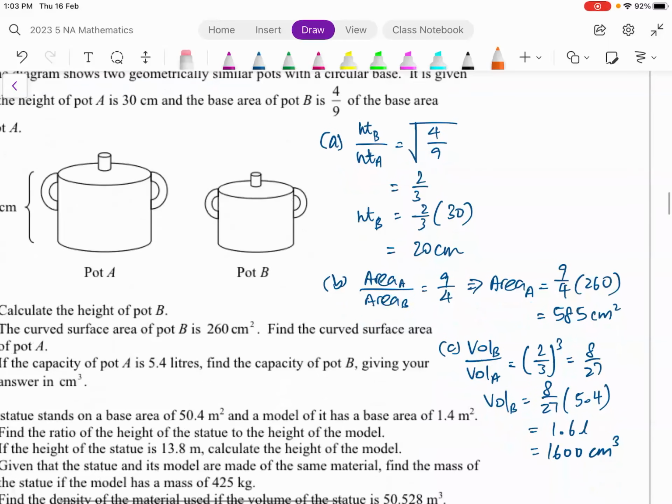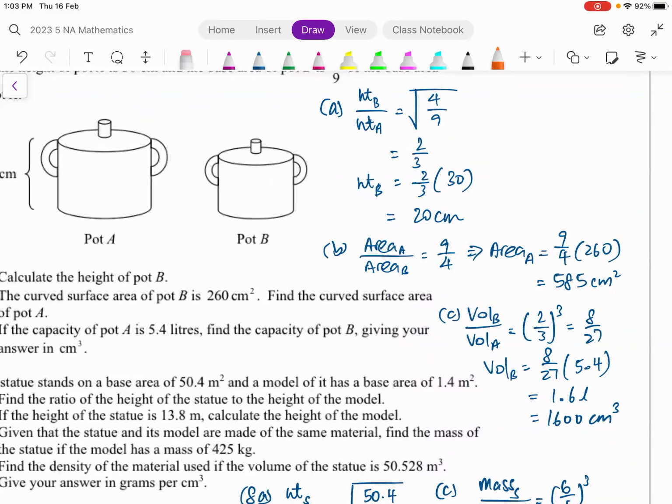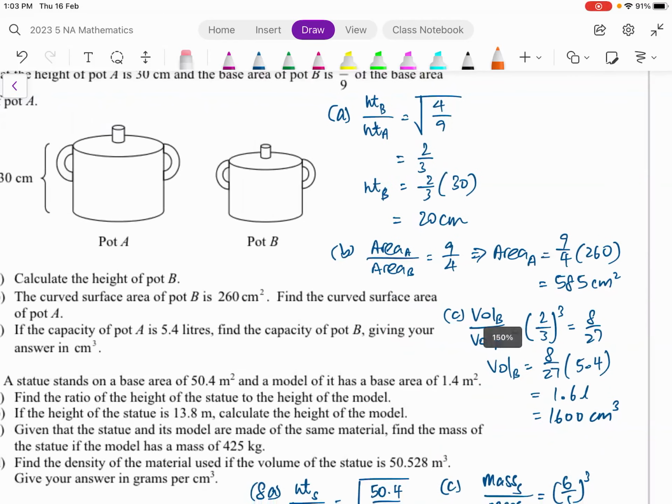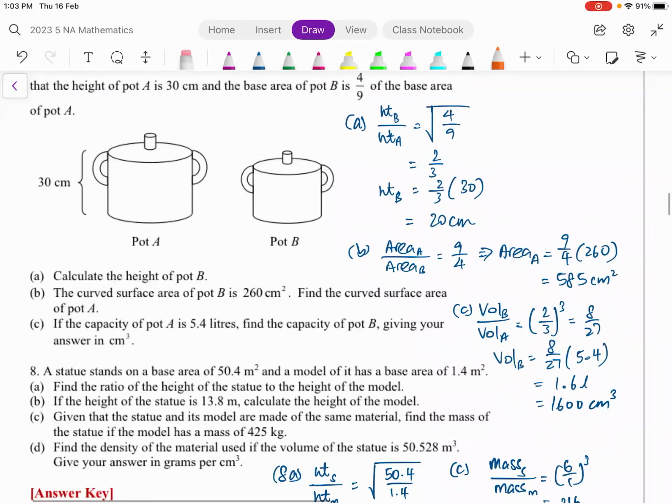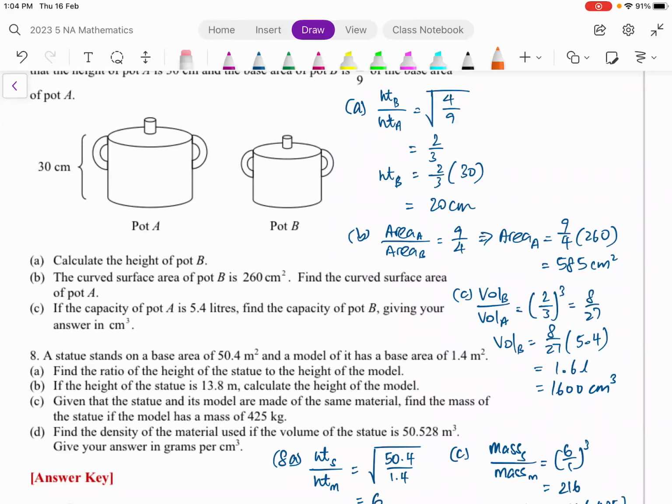Part C, volume 1600 cubic centimeters. Anybody? Question 7. Otherwise, question 8. Jiaxuan, you need help or not? Which part? Say. 7 what?